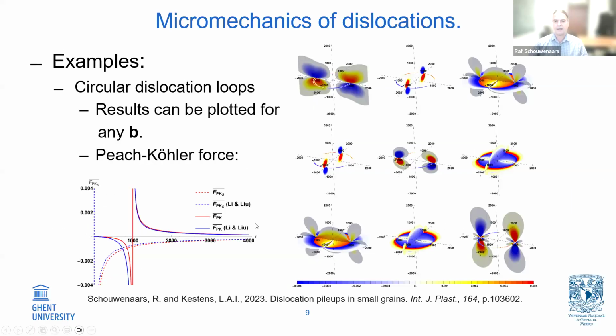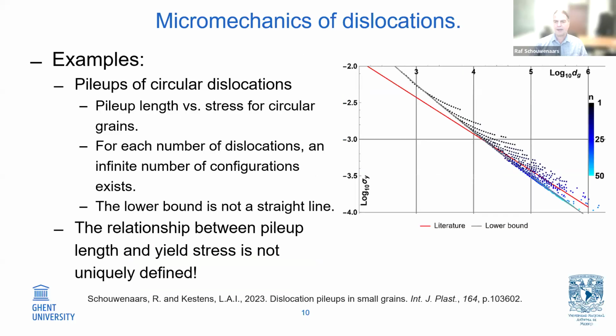Why did we do it? We wanted to calculate circular pileups. And the pileups can no longer be done analytically, but you can minimize the energy of the system by leaving the radii of the loops free. And you see here in color, we've got the number of dislocations in the loops.